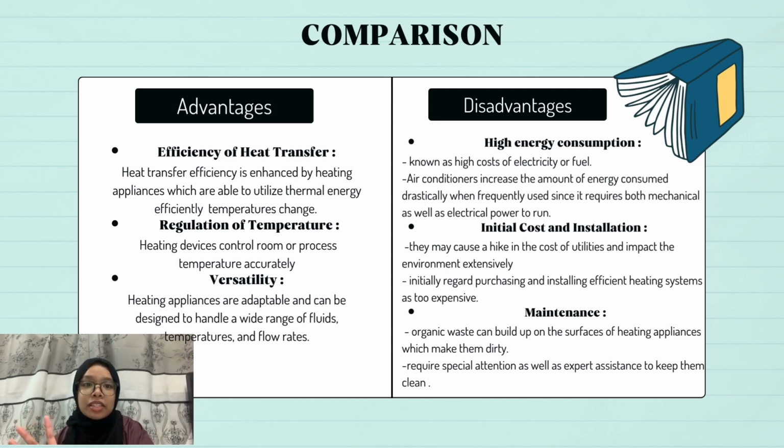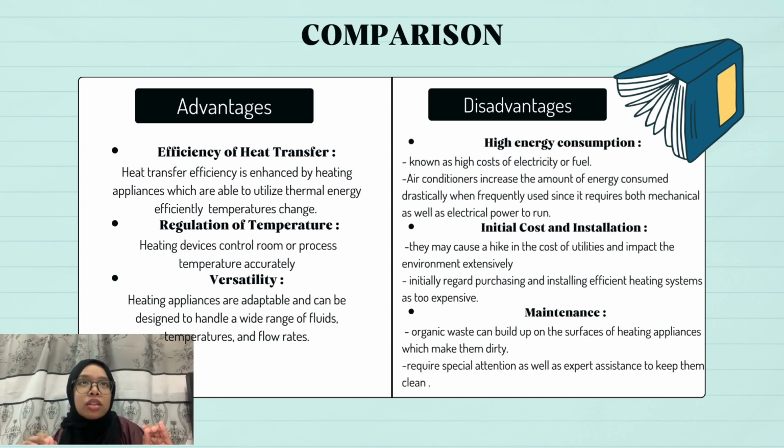For this I will share three disadvantages of heating devices. The first one is high energy consumption. We're tackling an important aspect of heating appliances, the energy consumption. Heating appliances are notorious for consuming significant amounts of energy, especially in areas where electricity or fuel costs are high.